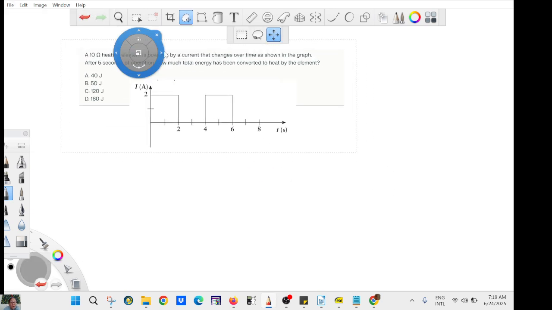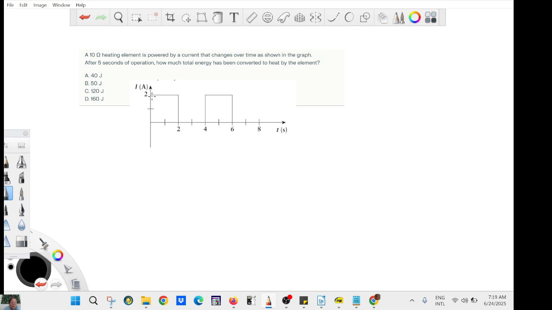So we have a square function here. The current will go 2 amps for 2 seconds, and then it goes 0, and then it goes another 2 amps for 2 seconds. But energy is power times time.